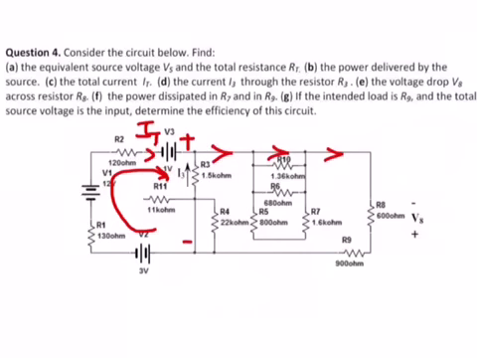Not even applying KVL, the total source voltage. You have three sources in series. Two of them try to push current this direction. One of them is trying to push current the other way. So the net source is simply 1 plus 12 minus 3. So it will give you 10 volts. So this whole circuit has one equivalent source, which is 10 volts.